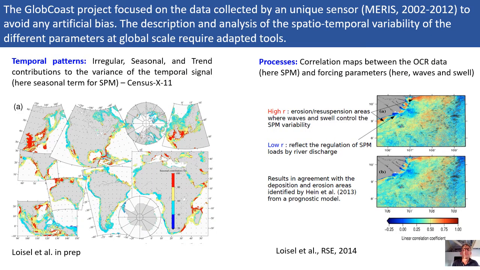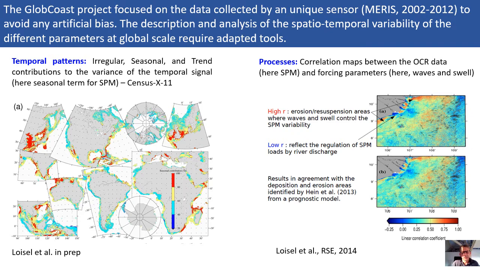The GlobCoast project focuses on the data collected by a unique sensor, the MERIS sensor, between 2002 and 2012 to avoid any artificial bias. However, the methodology and the algorithms which have been developed can be applied to any ocean color sensor. The description and analysis of the spatio-temporal variability of the different parameters at global scale require adapted tools.